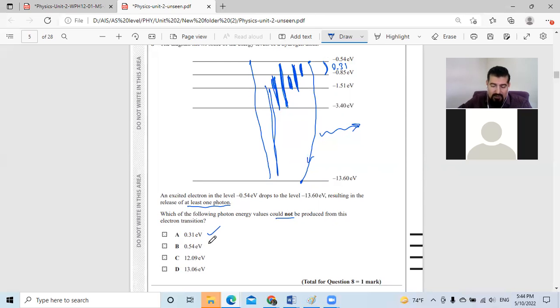B, 0.54. I think 0.54 is the answer. Okay, let's go back. C, 12.09. The difference from here to here is 12.09. D, 13.06.